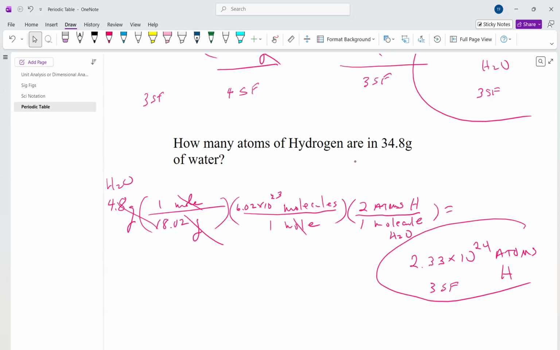Gases are very compressible because the atoms or molecules of the gas are far apart, whereas with a liquid and a solid, they're very close together. So if they're close together, there's no room for them to compress or expand. With a gas, there's all kinds of room for them to move around, so they can compress and they can expand.